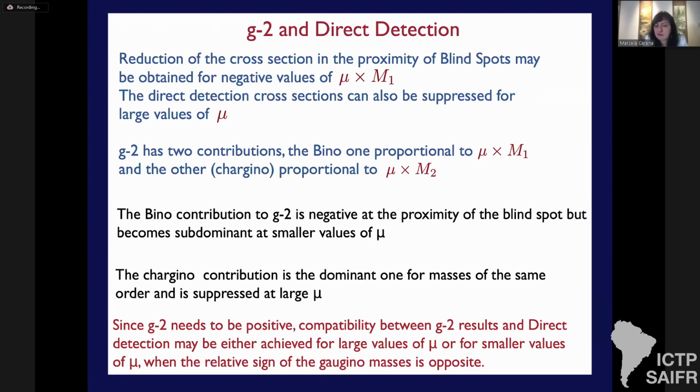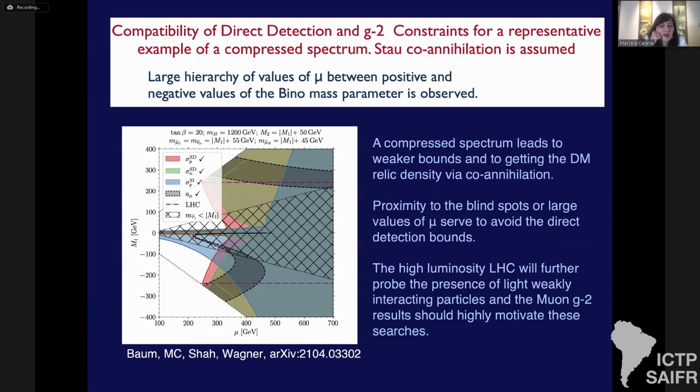the last thing, that there is an interesting region of parameter space, and what you have to look at here, where we have looked at bounds from direct detection, indirect detection, and LHC bounds, is that there are these regions that are interesting for negative values of M1 times mu, or positive ones.